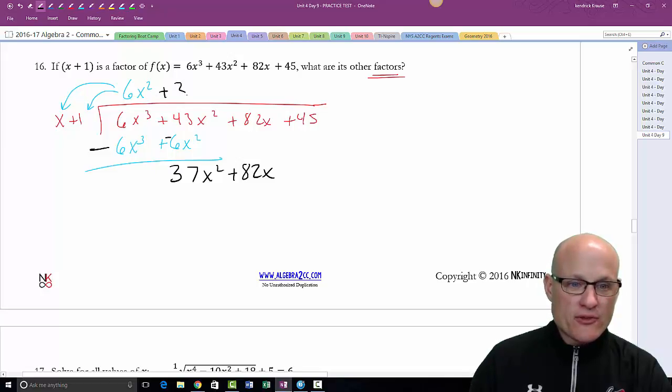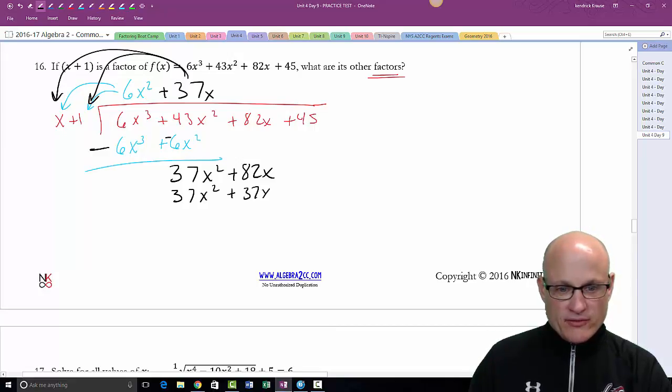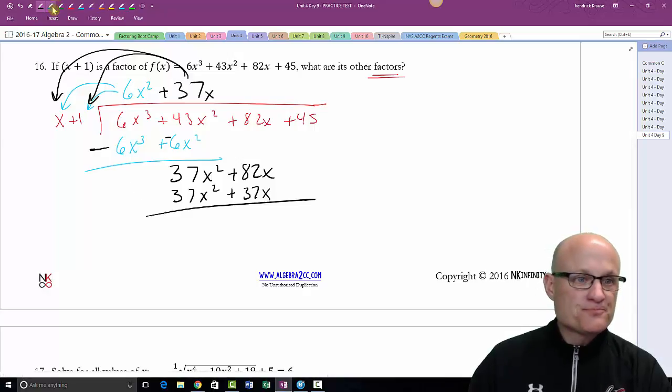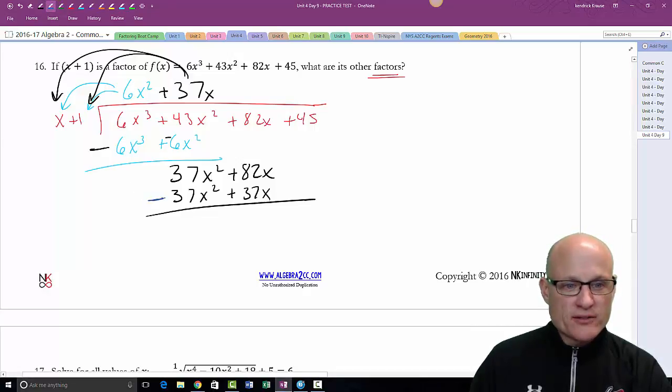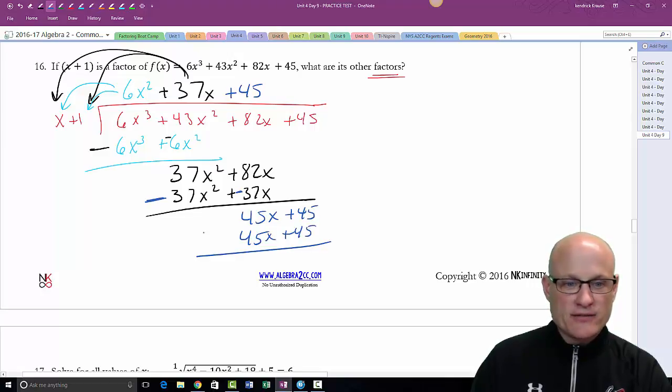So plus 37x. 37x times x is 37x squared. 37x times 1, 37x. Subtract and subtract. Let's see. 82 minus 37 would be 45, and I need a plus 45 at the end. 45x plus 45.